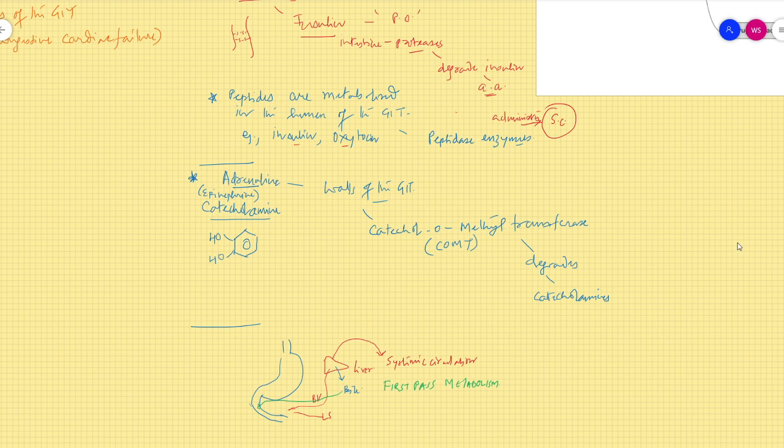So why is this important? It is important because some drugs are completely metabolized by the liver during first pass metabolism.